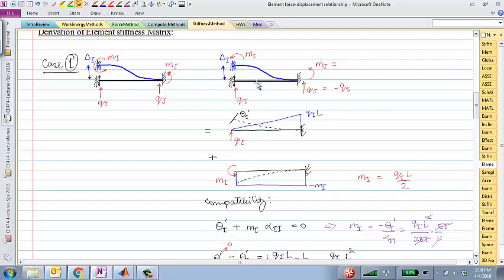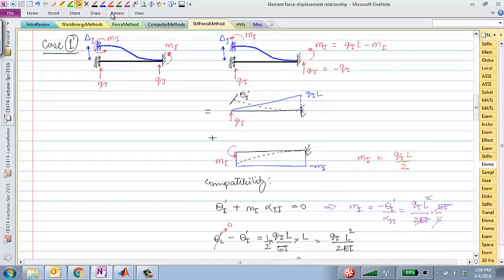So using that, we can find this MJ, which would be equal to QI times L minus MI. Does that make sense? So all that we have done till now is to solve the indeterminate problem of all the reactions. We still haven't related the displacements. So let's do that now.